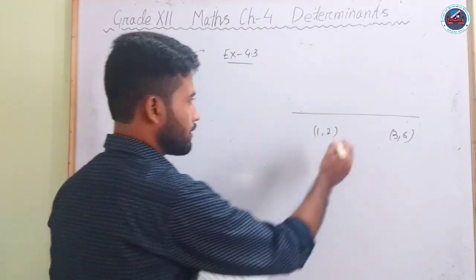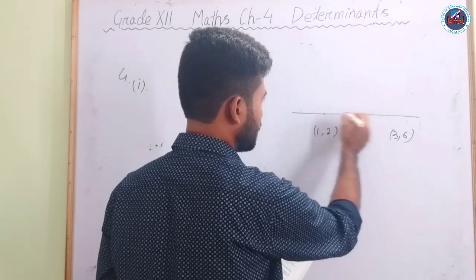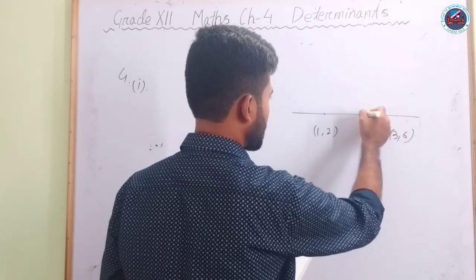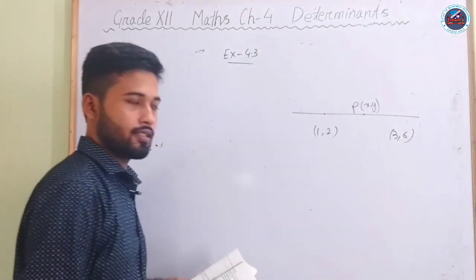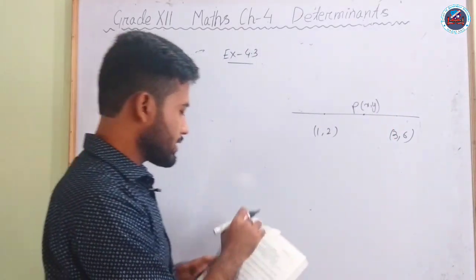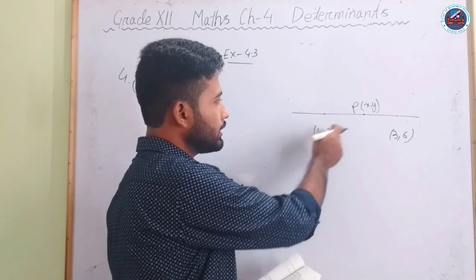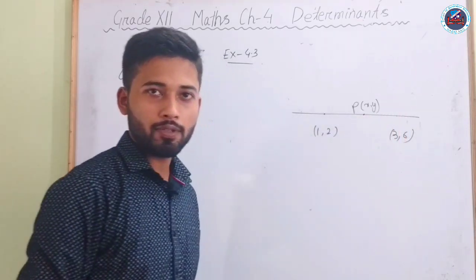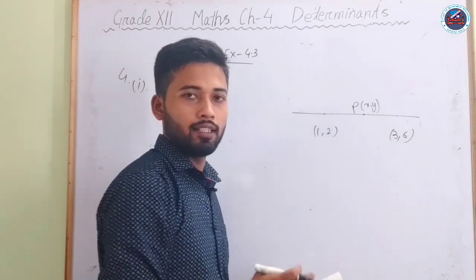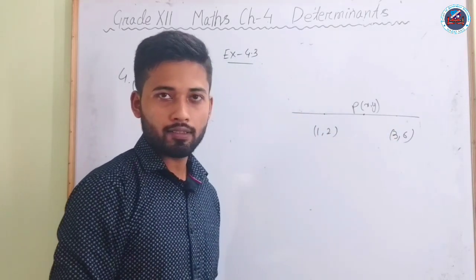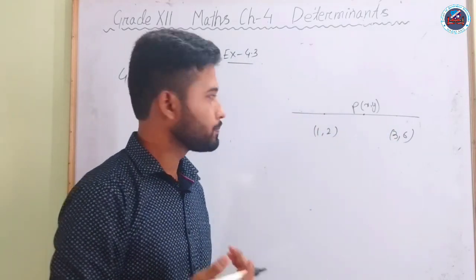So let us take another point here, which is (x, y). Let us consider that as P. Now since it is a straight line, all the 3 points will be collinear to each other, isn't it? And if they are collinear, then their determinant will be what? It will be 0.